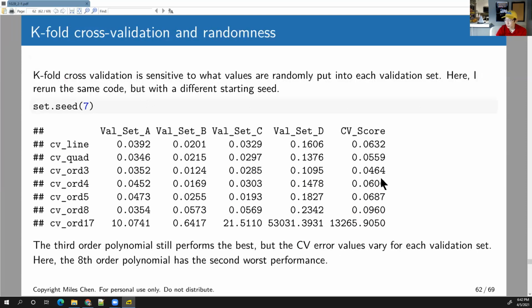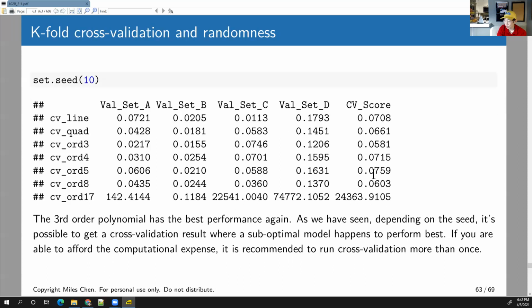If I run the exact same code and change my starting seed to something like starting seed 5, then we see that the 8th order polynomial now has a much higher cross-validation score, whereas the 3rd order polynomial's score remains consistently lower than the linear and quadratic ones. So Kfold cross-validation is subject to random chance, and this is something to keep in mind.